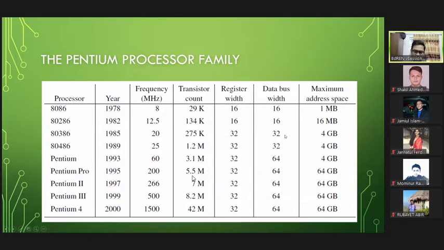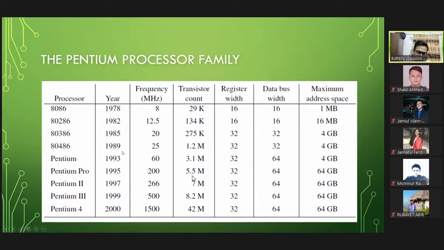This one is the width of the data bus, and we know that the width of the data bus and the width of the address bus are the same. That's why we also need to know the size of the register inside the processor. This is the register width, that means the size or width of the register inside the processor.